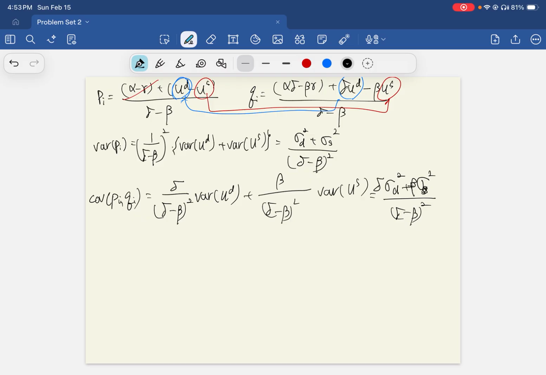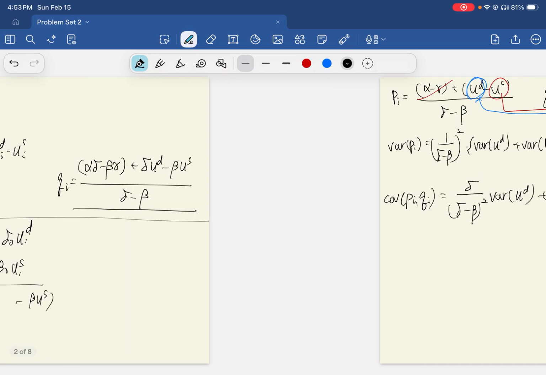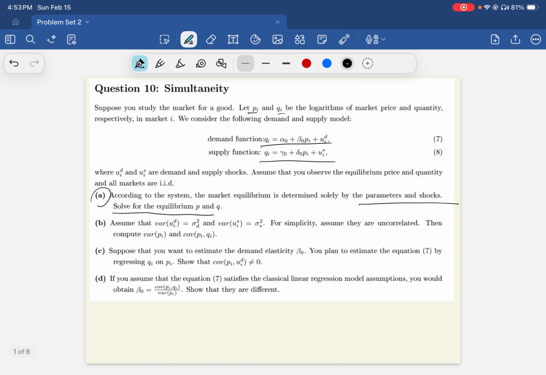Okay, so what I wanted to show you here is that if you are just interested in the demand function, the demand elasticity beta_0, you are interested in this beta. And then you make a wrong assumption that this demand function satisfies the classical linear regression assumptions.